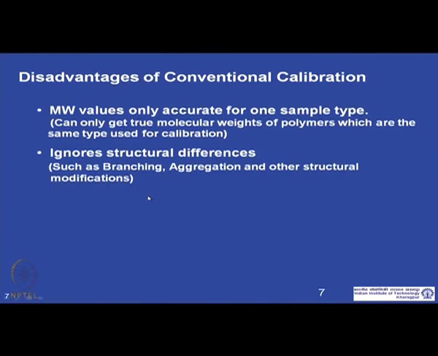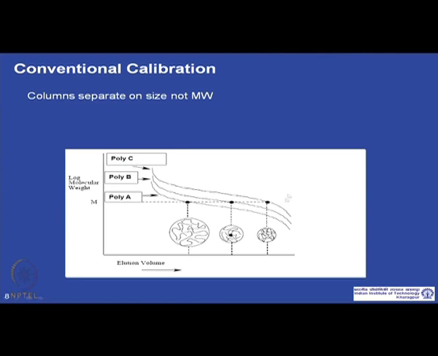The second disadvantage is that if the polymers differ in branching, like different shapes, branching or other structural modification, we cannot get that difference captured in the calibration. Let us go back and explain with the graphs.